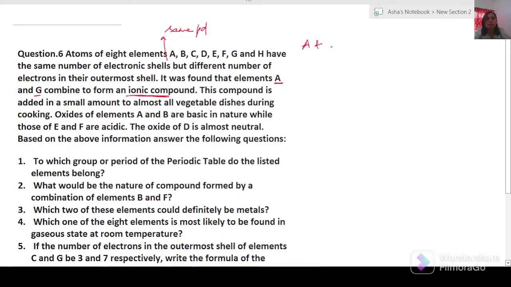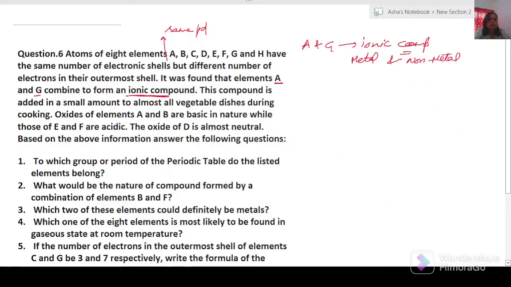It is quite similar to the previous question. Ionic compound, so they both are forming ions, that is why they are forming the ionic compound. So one will be a metal, another one will be a non-metal. This compound is added in small amounts to almost all vegetable dishes during cooking.